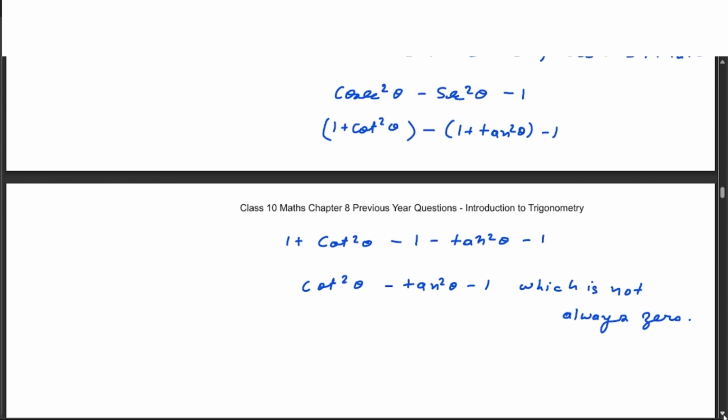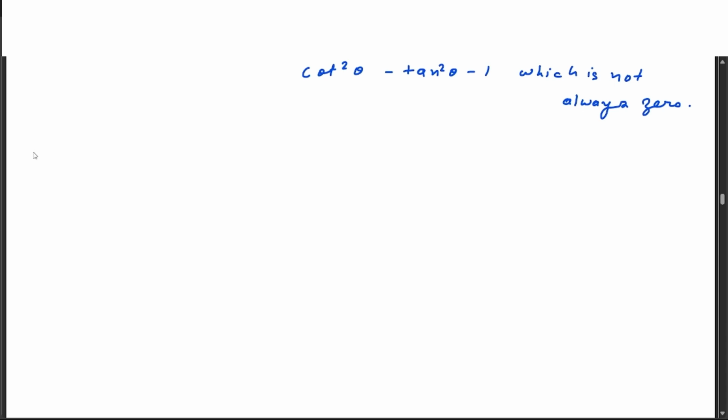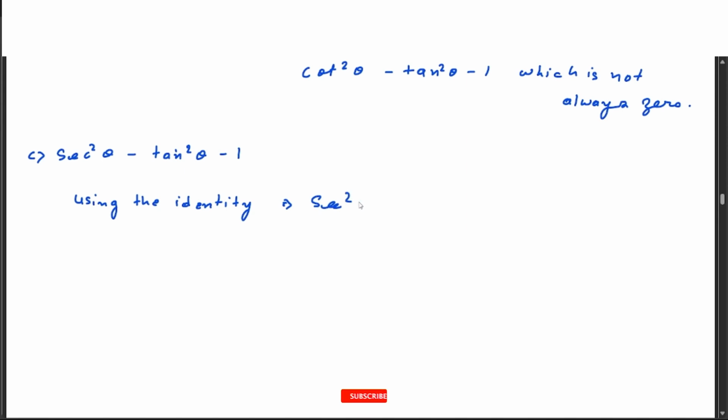Okay, now coming to option C. Option C says sec square theta minus tan square theta minus 1. In the same way we will use the identity sec square theta is equal to 1 plus tan square theta.